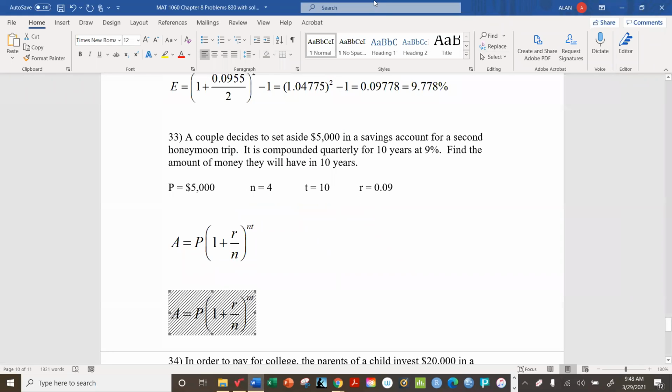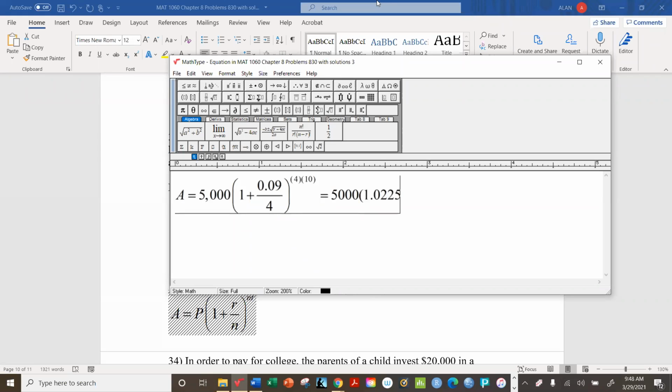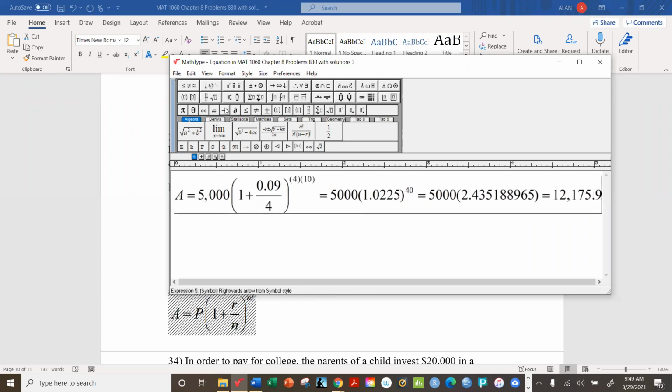So we actually have here 1.0225 raised to the 40th power. And when you multiply that out, you can do this directly on your calculator. The alternative is to figure out what's going on inside those parentheses. It's approximately 2.435188965. But either way, you're going to end up with about 12,175.94.